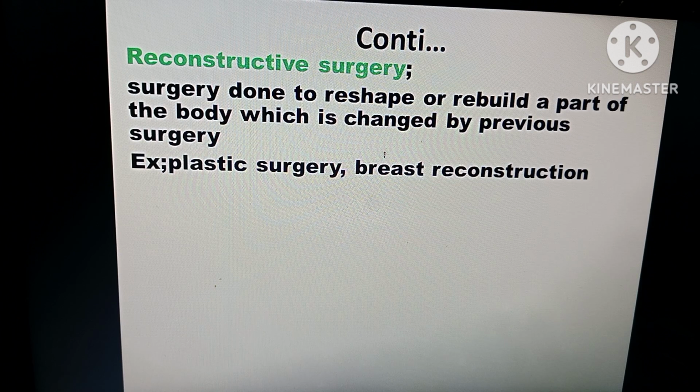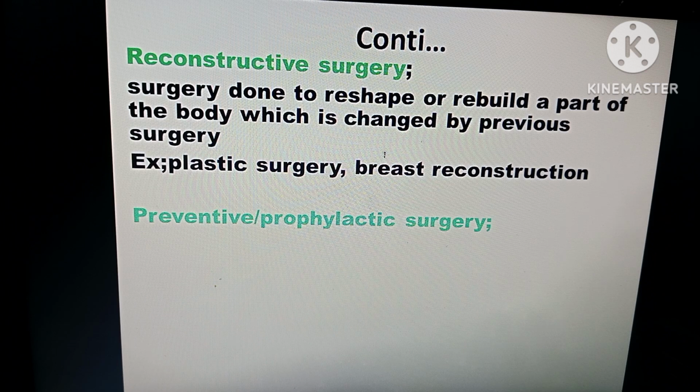Plastic surgery: through burns or accidents or acid victims and all, they will lose their beauty image itself. The entire organ is crushed. In such a condition, through plastic surgery, they will reconstruct. They will give a reshape to the particular organ.